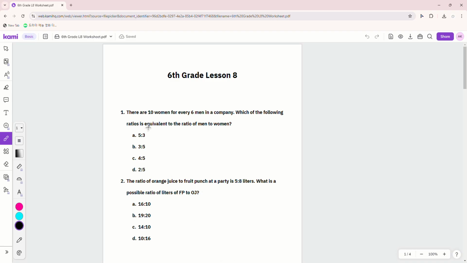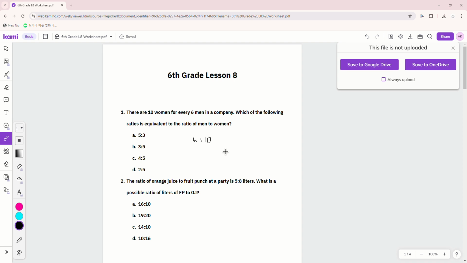For number 1, it says there are 10 women for every 6 men in a company. Which of the following ratios is equivalent to the ratio of men to women? For this one, there are 6 men per 10 women in every company.